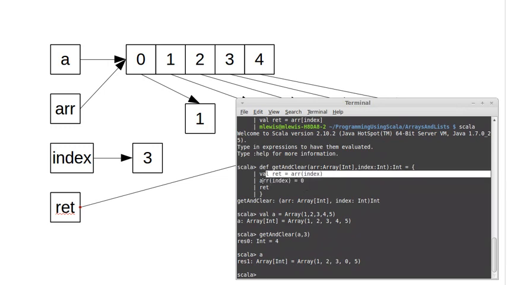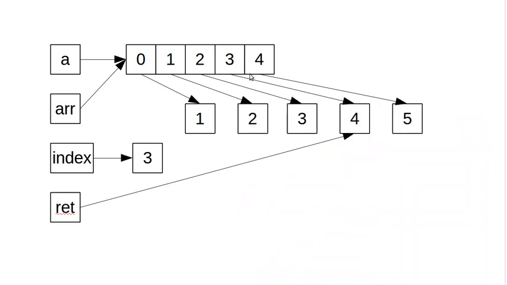What happens next? The next line is arr(index) equals 0. Well, remember, the int boxes are immutable. What's mutable in reality for the array is these arrows. And so I'm able to change this arrow right here. I make myself another box, and this is the box that has 0 in it.